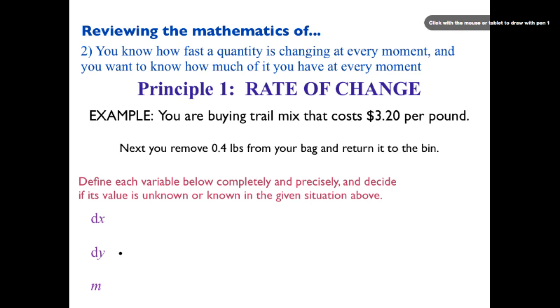The change in cost would equal 3.2 times that. And why is that true? Because 3.2 is a constant rate of change. Always stays at $3.2 per pound. So given our change of negative 0.4, we would just multiply it by 3.2, and it would this time give us negative 1.28.